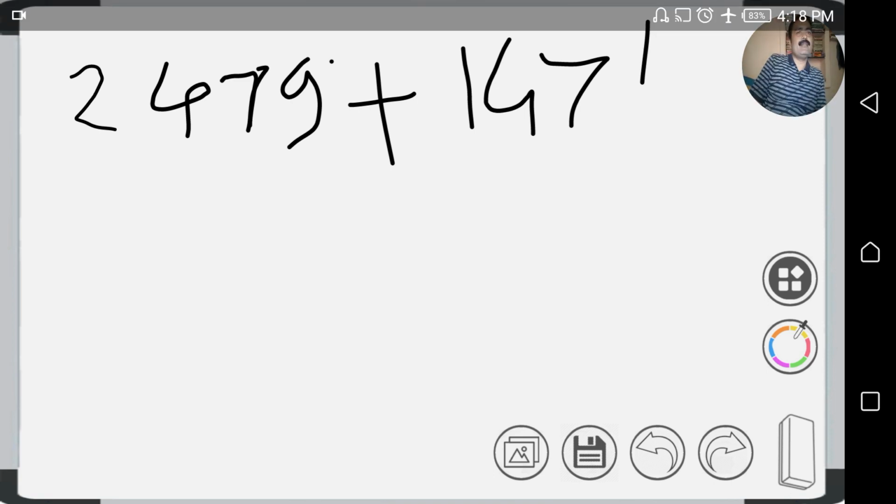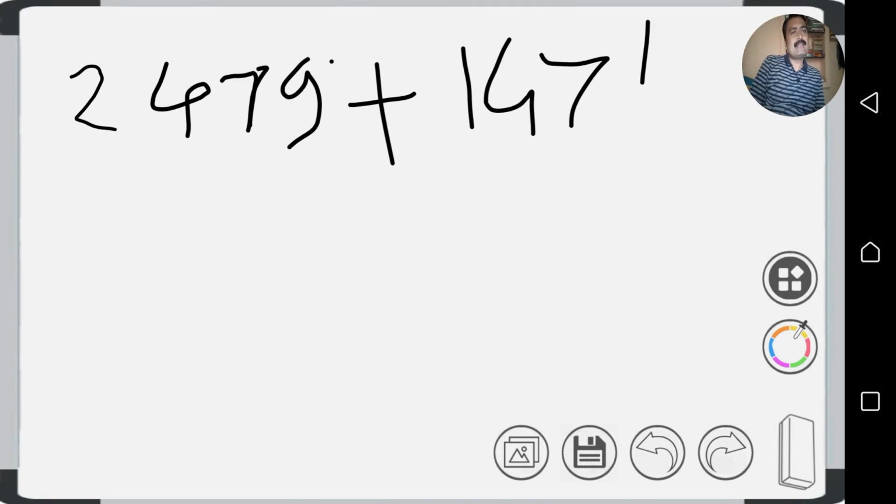The writing method is quite different on this slide, so this is just the explanatory part. So here I am taking the addition in this way: 2479, this is a 4-digit number, and 1471, it is also a 4-digit number.